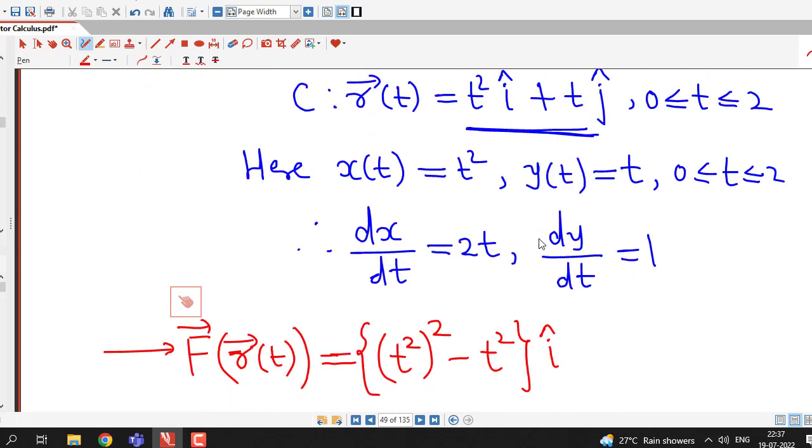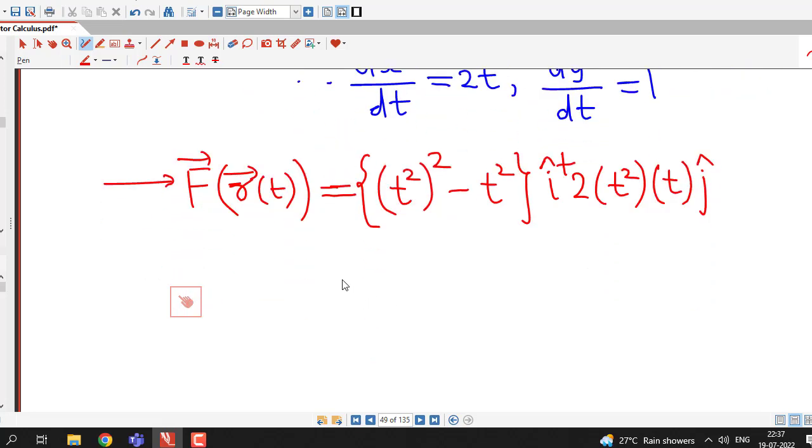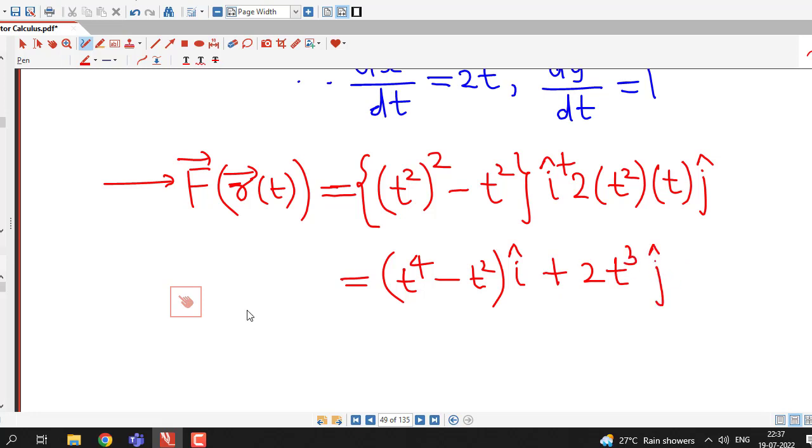Here also we put x equal to t square and y equal to t: 2xy is 2 times t square times t, times j, and these two are added. Now we simplify this. This will be t raised to 4 minus t square times i plus 2 times t square into t, that is 2 times t raised to 3, into j.